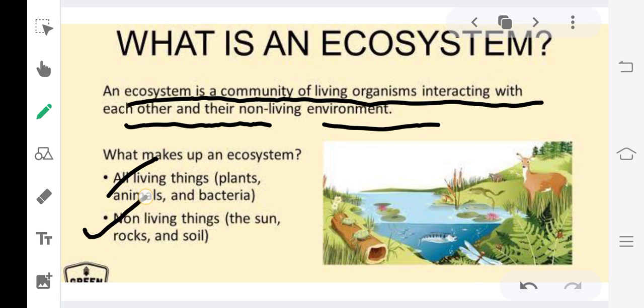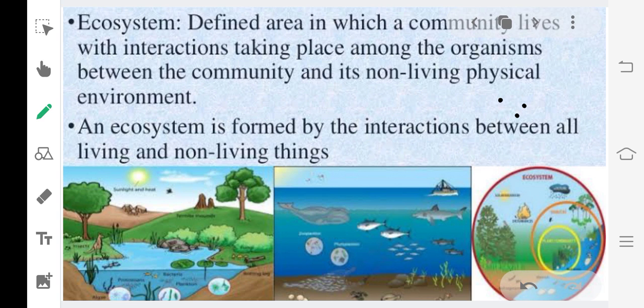Non-living things: the sun, rocks, and soil, together make an ecosystem.